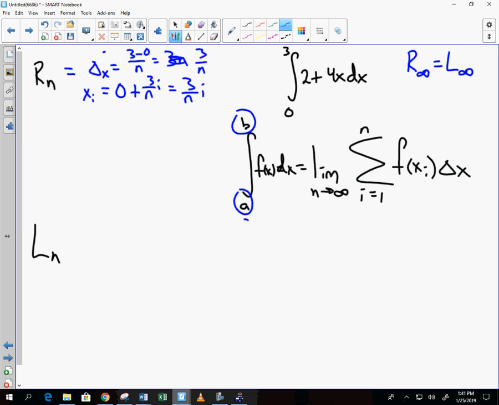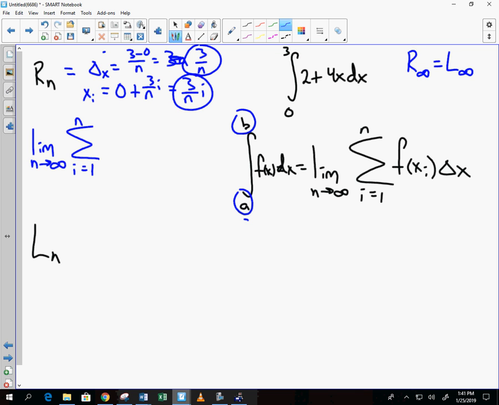So when you actually plugged in this right-hand sum, what you had was the limit as n goes to infinity of the sum from i equals 1 to n of, and we plug these in.